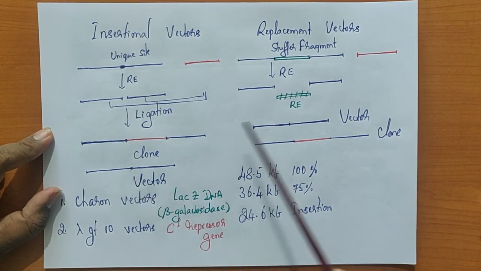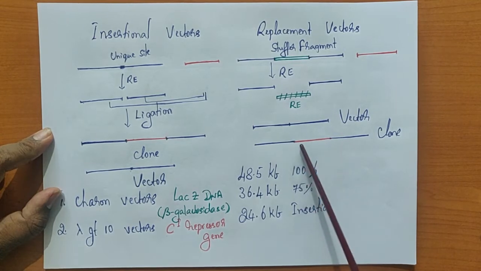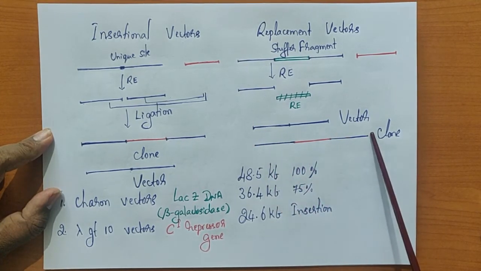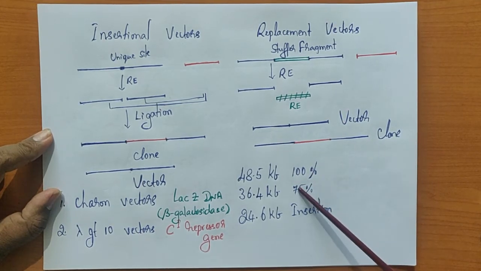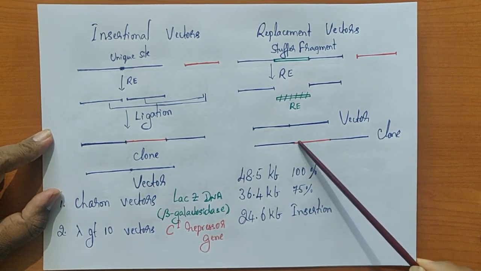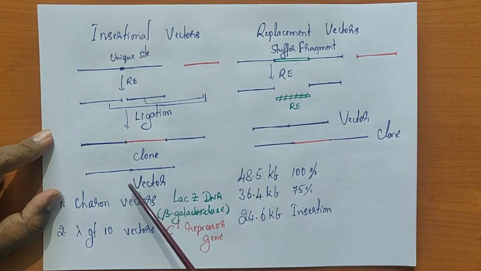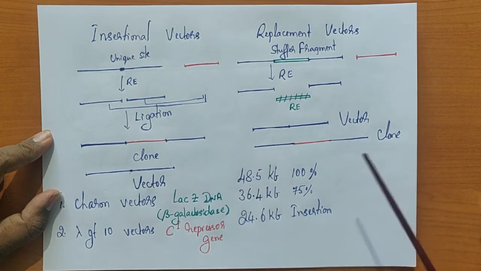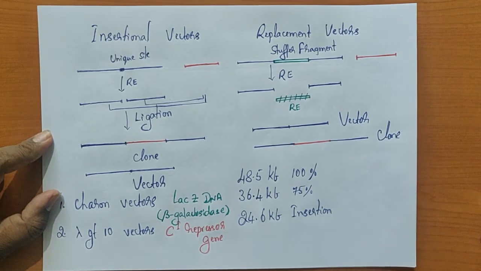Once we insert the DNA, because of the clone, the size is going to be appropriate, between 75% and 100%. It is going to be packaged. So as a result, size selection is critical for the identification of the clone.